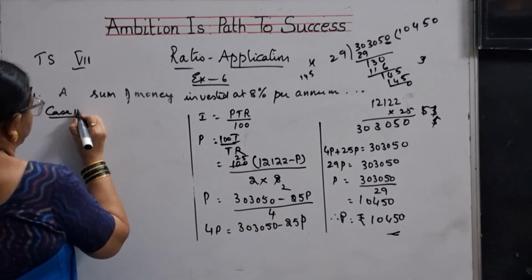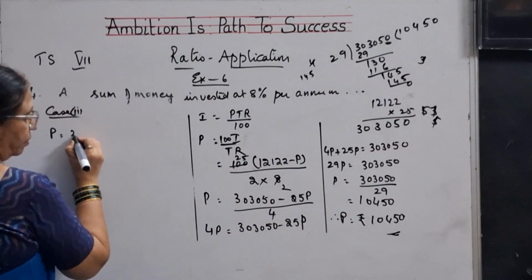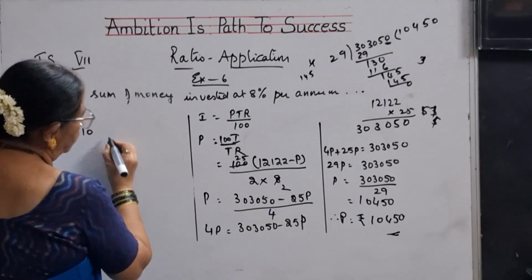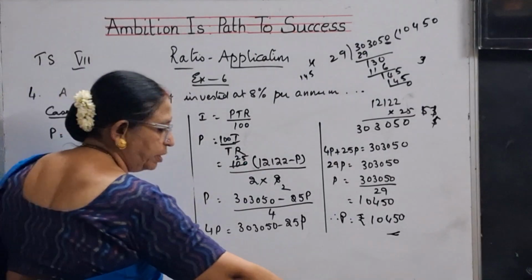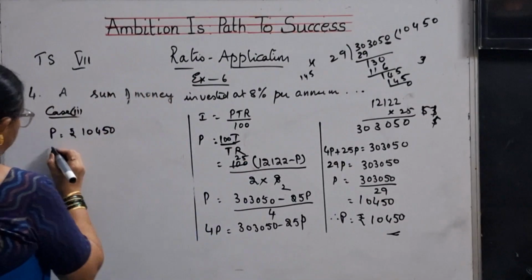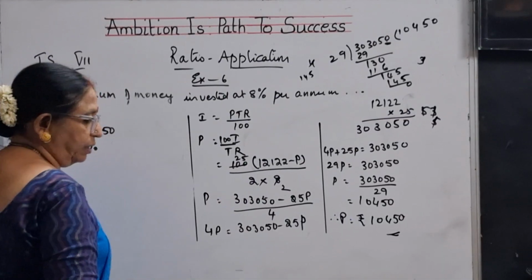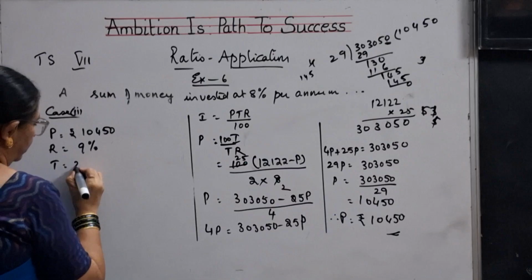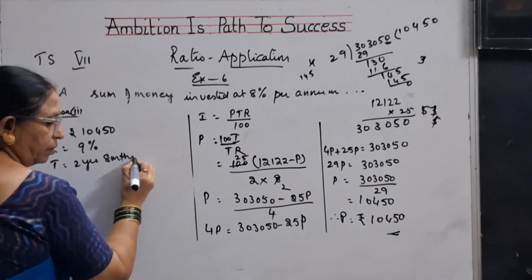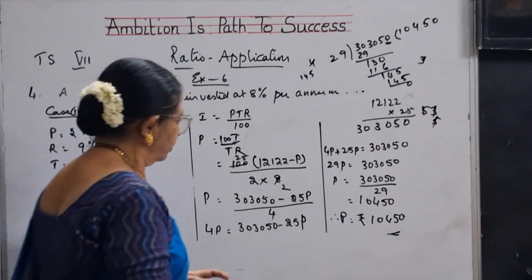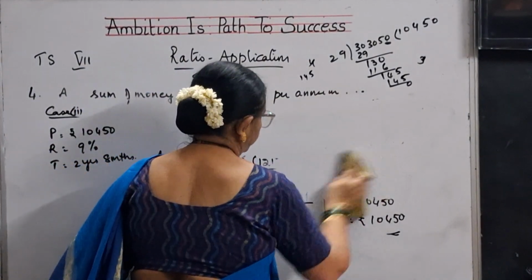In case 2, this becomes the principal. Principal is rupees 10,450, and in the problem they have given rate as 9% and time is 2 years 8 months.